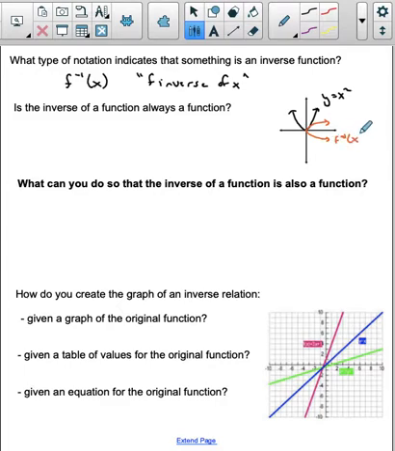It would have been good if I used function notation up here. But here, just pretend that was f at x. So f inverse at x is sideways. And we can see that that fails the vertical line test. So the inverse of a function is not necessarily a function. Okay, so not necessarily.